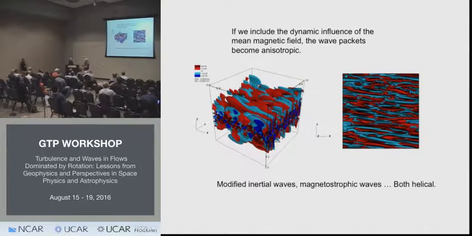But in some sense, the story doesn't change because they also carry negative velocity upward, positive velocity downward. The main field is horizontal. Vertical doesn't do very much because it's competing against a very strong Coriolis force, rotation is very strong. It's a very stiff spring. So a weak vertical field does nothing to the waves.